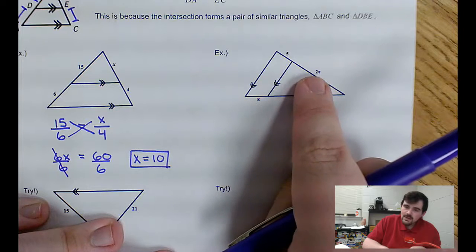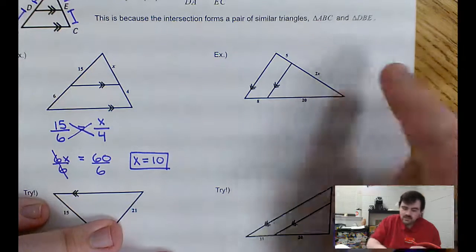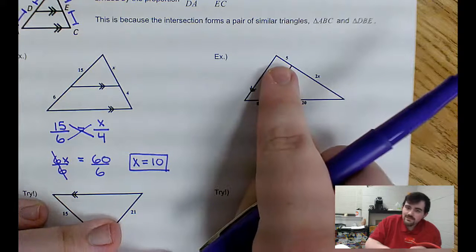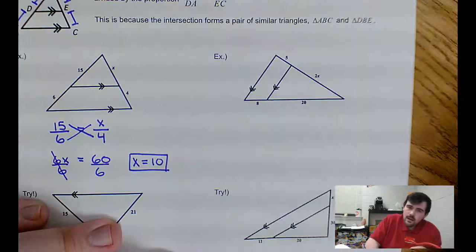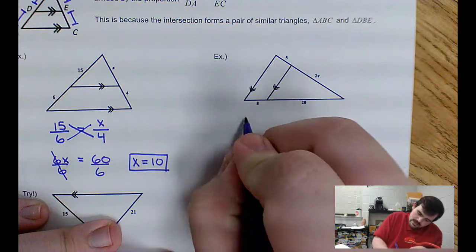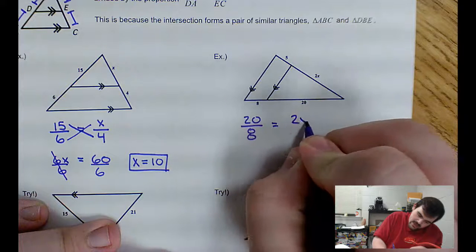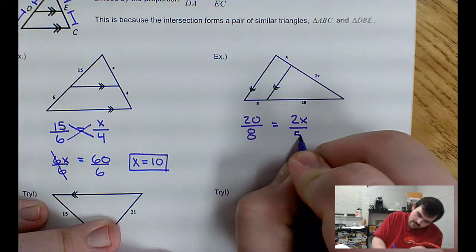The side up here, the diagonal side, is divided at a 2x to 5 ratio. So I'm going to say 20 over 8 equals 2x over 5.